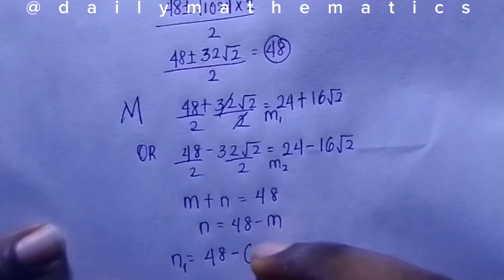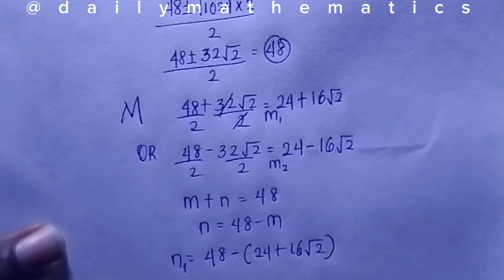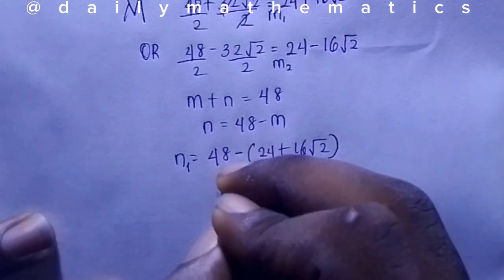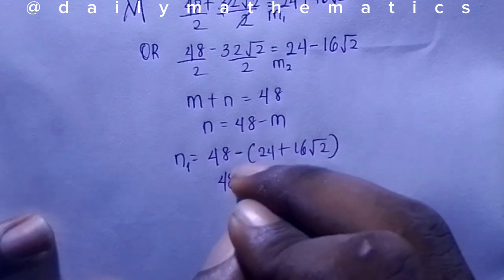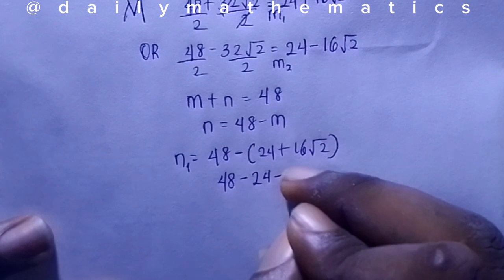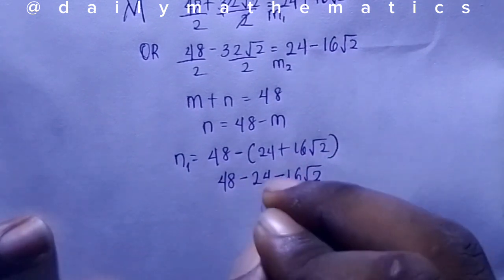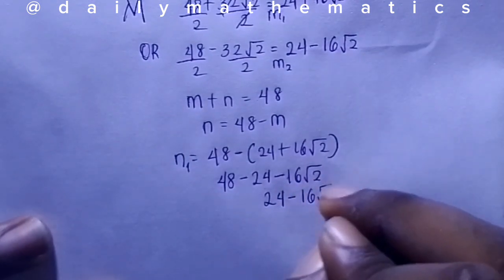We have m1 as 24 plus 16 root 2. So n1 is 48 minus the bracket; expanding the bracket, minus times 24 gives us minus 24, minus times plus gives us minus 16 root 2. So 48 minus 24 is 24 minus 16 root 2.